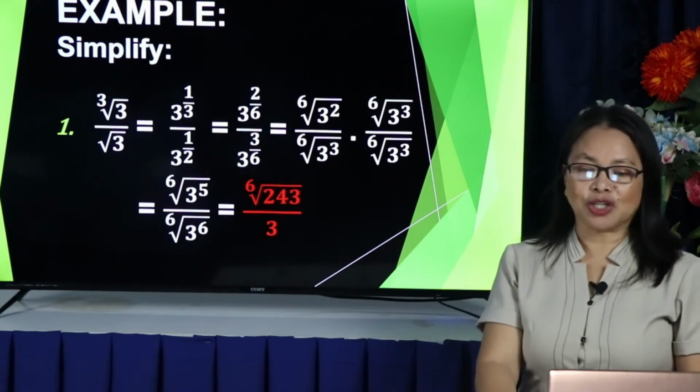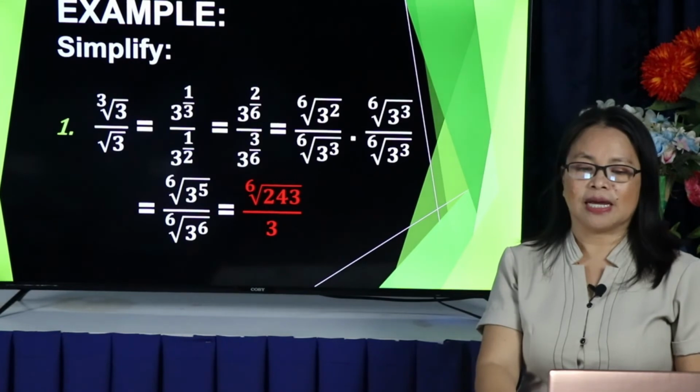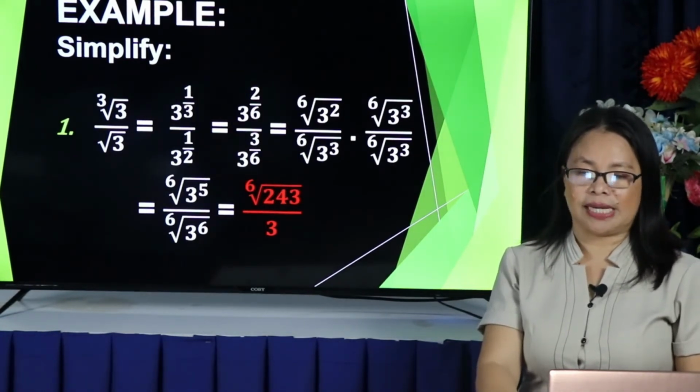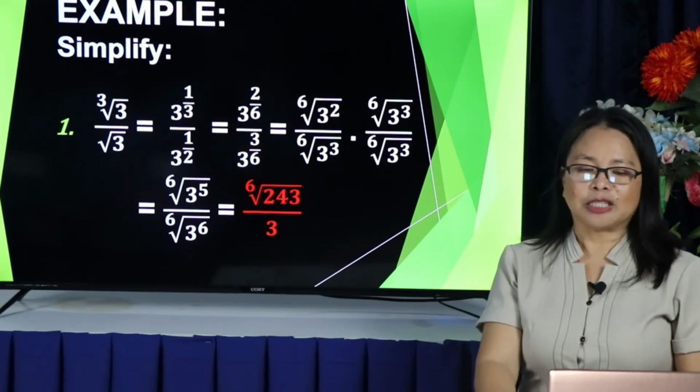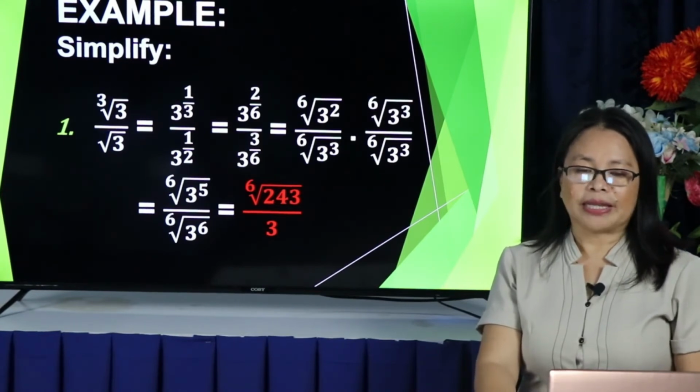So, the expression is 3 raised to the power of 2 over 6 over 3 raised to the power of 3 over 6. Then, expressed in radical form, that is the 6th root of 3 squared over the 6th root of 3 cubed.